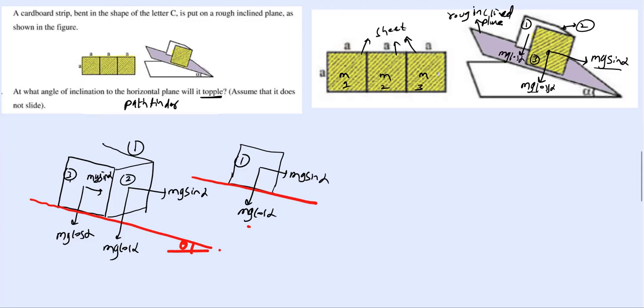So now, about what point will it topple? It will topple about point P, at the midpoint, though in the diagram only this is visible. At the midpoint of sheet 2, or about this edge.